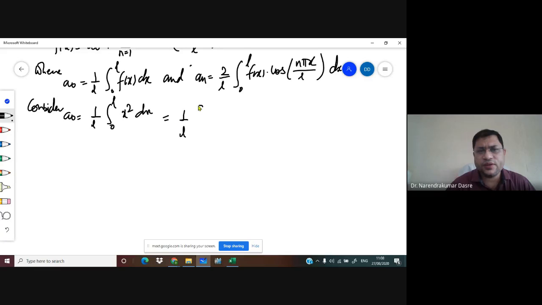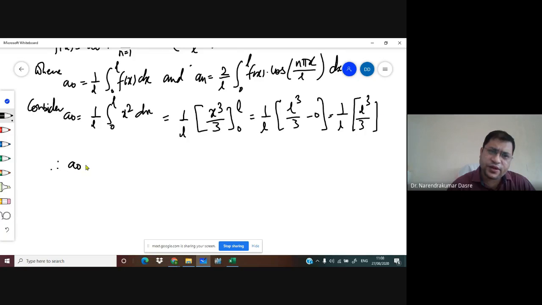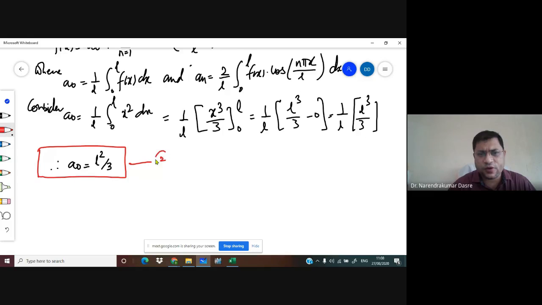So 1 by L integral x cube by 3 from 0 to L. So 1 by L will be having L cube by 3, and then the lower limit is 0. So we have 1 by L into L cube by 3. So L you can cancel, and hence we get a0 is equal to L square by 3. So this is the value of a0, equation 2.